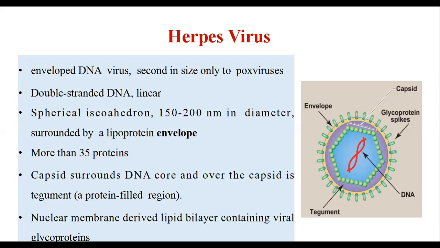And just beneath the tegument, these green bubbles are the capsomers forming the capsid, meaning they are actually preparing the capsid for the virus. And inside the capsid, they have a double-stranded linear DNA. This particular DNA can encode more than 35 proteins. So this is the overall structure of herpes virus.